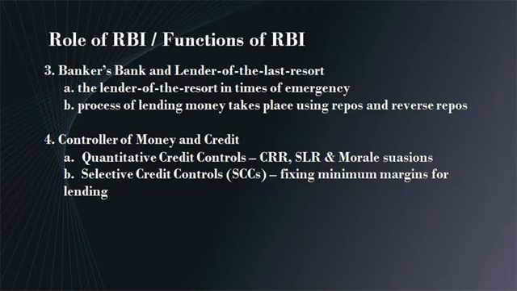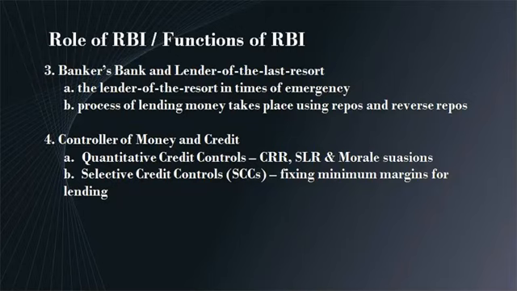The fourth one is the controller of money and credit. Money is being circulated in the economy. There is hard cash, and there are the numbers which you see in your bank account.